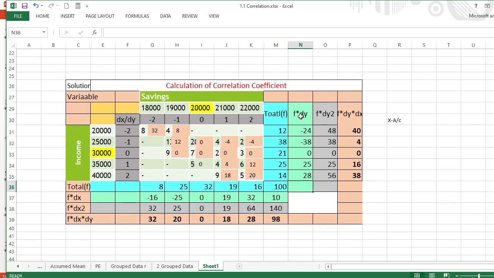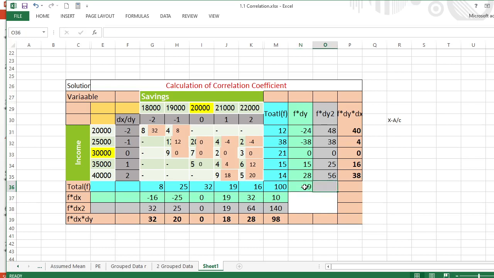And here the summation of dy, so -24 minus 38, 0, so the total of f into dy, so it is minus 90.